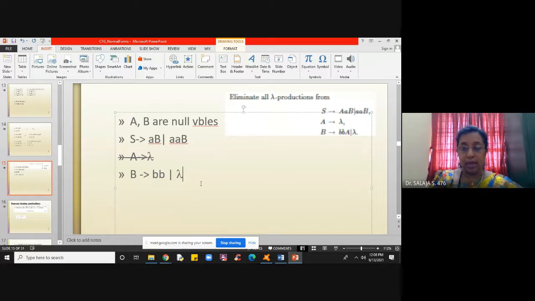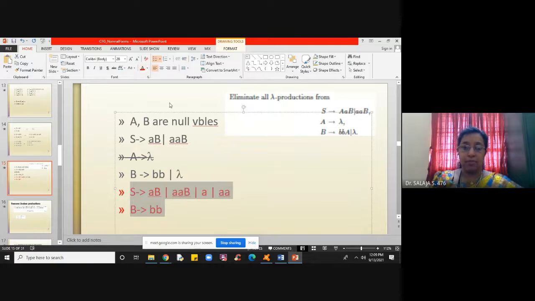So wherever I have B in S, I'll replace it. If B doesn't produce lambda, you will have AB and AAB. If it produces lambda, you have these two options. Fine. Now what about B? B produces BB alone. Lambda has been removed. Fine. So this is the answer for the elimination of lambda production.